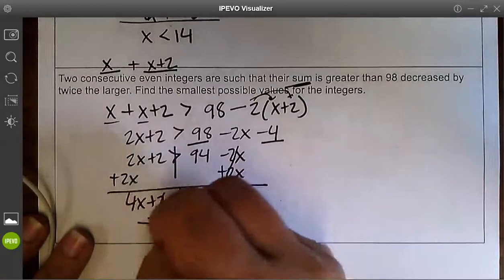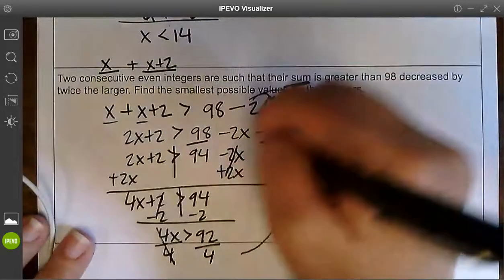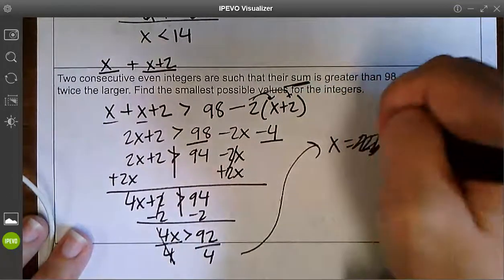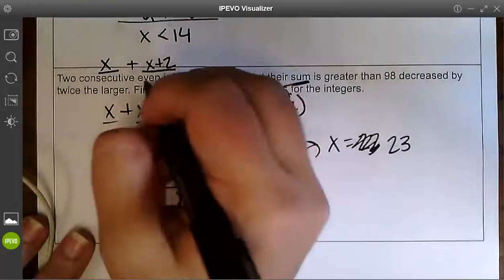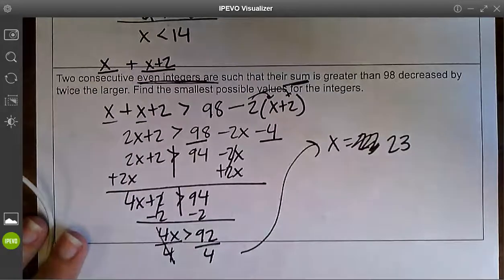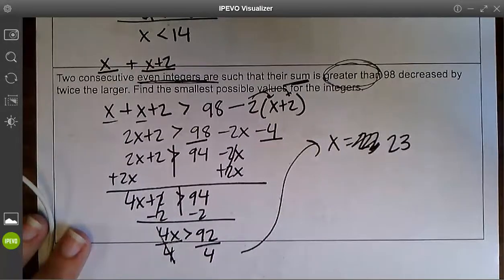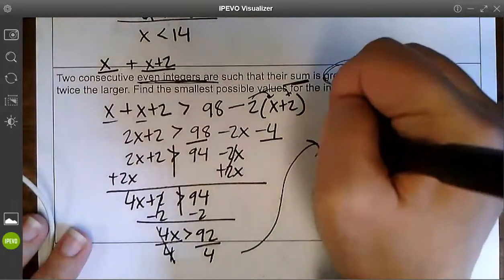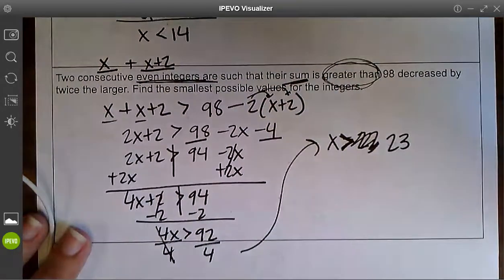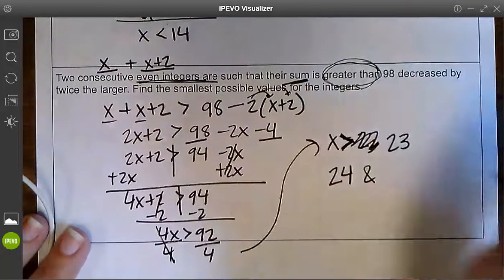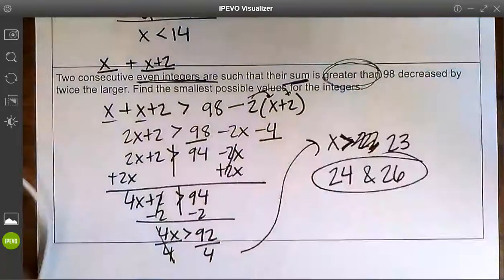Divide both sides by 4, and you get x is greater than 23. Now it said two consecutive even integers. 23 is not even, but we're talking about inequalities, greater than or less than. So if x is greater than 23, the next biggest even number is 24, and then the one after that would be 26. Those would be our two potential numbers.